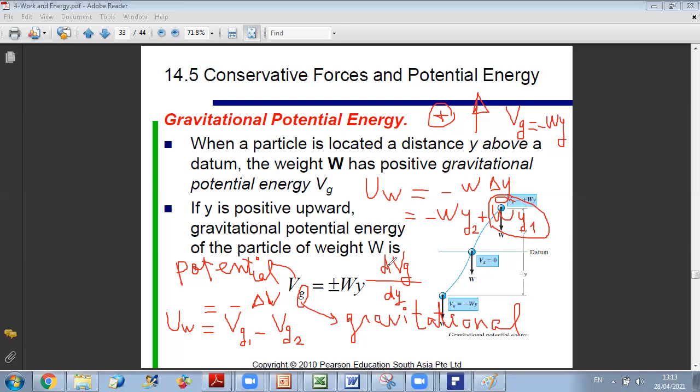So if you derive V with respect to y, you get plus W, which is minus the weight. So this is minus the component of the force, because the weight is a vector with a negative component: minus W j.